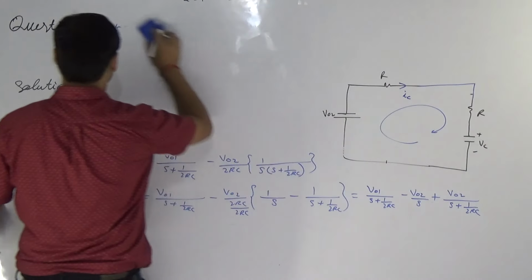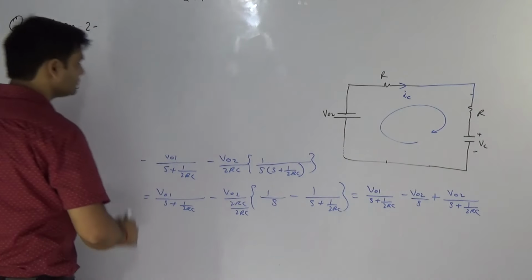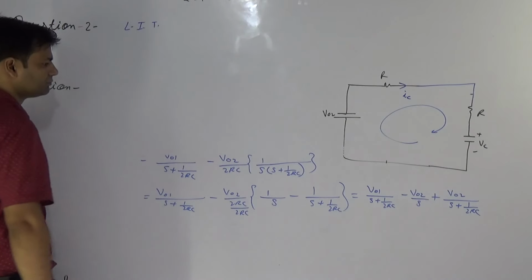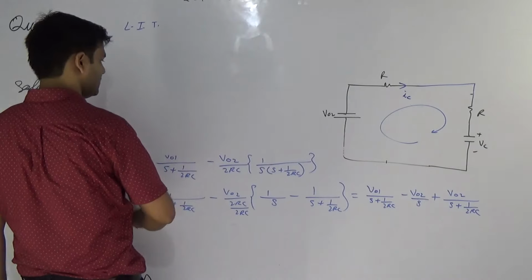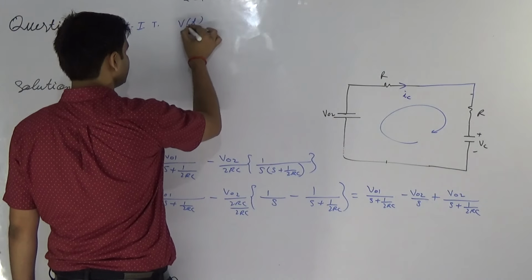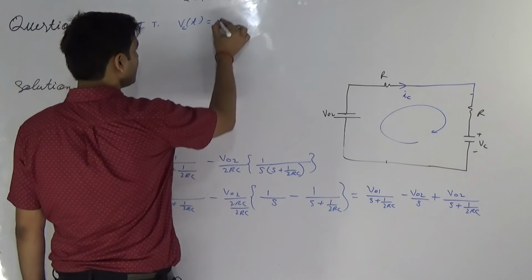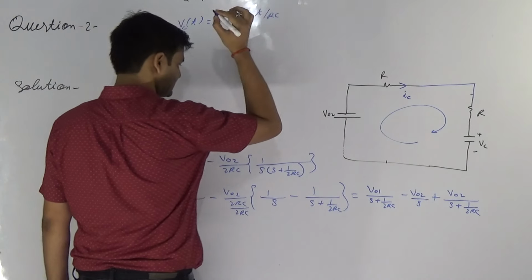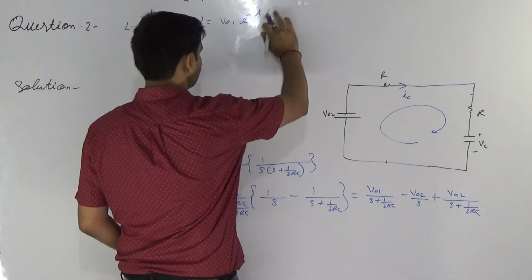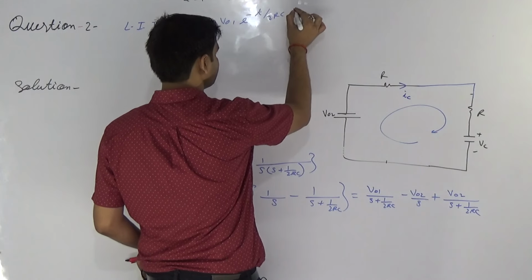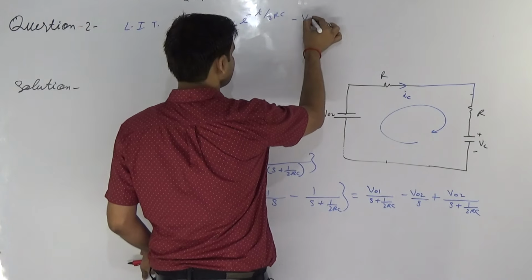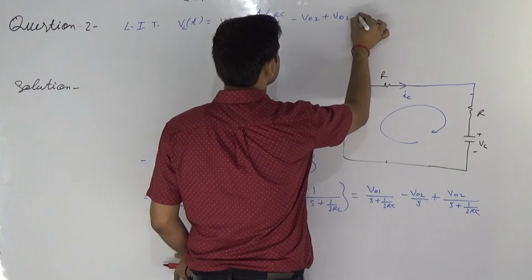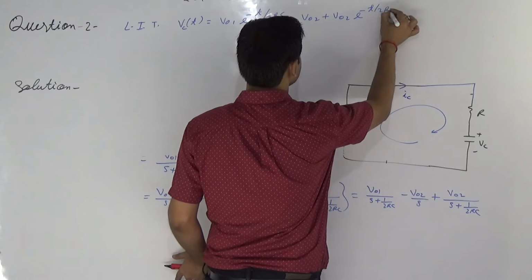Taking Laplace inverse transform, VCT will equal to V01 into e to power minus t by 2RC minus V02 plus V02 into e to power minus t by 2RC.